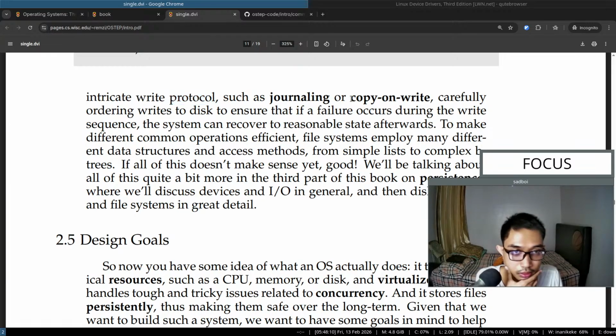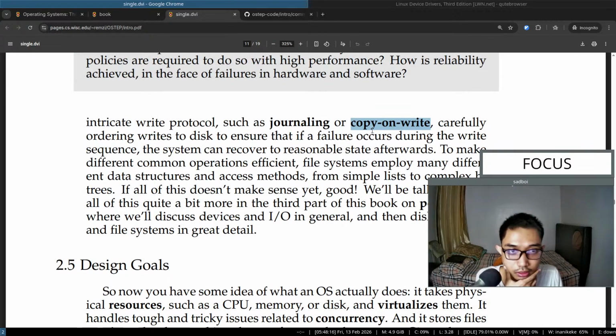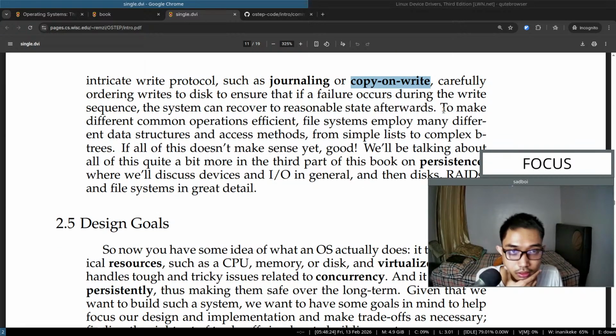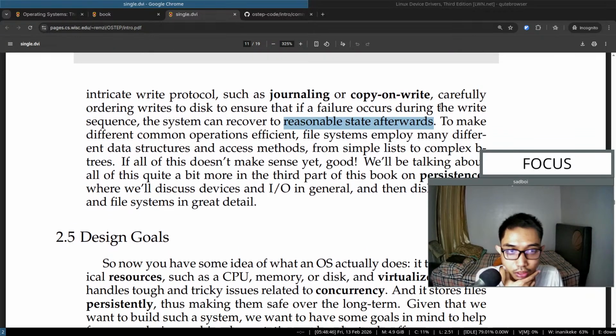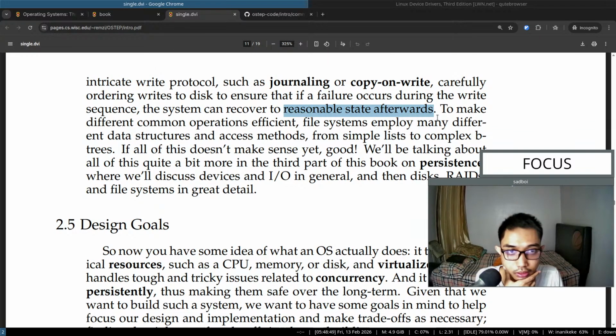Maybe something like that. In this mechanism, if the write fails, we still have the original file from before we did any write or added content into the file.